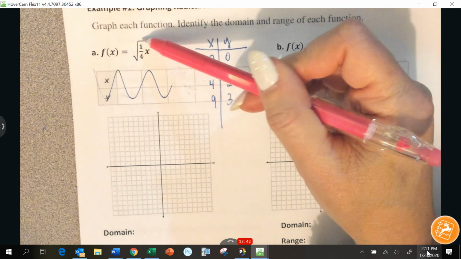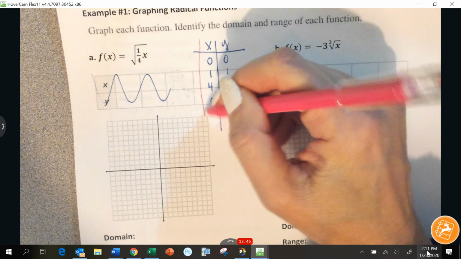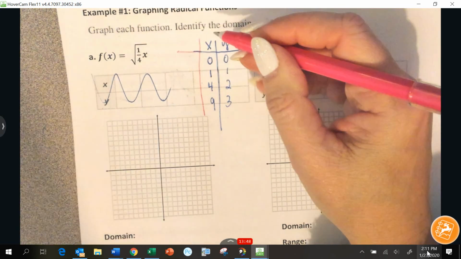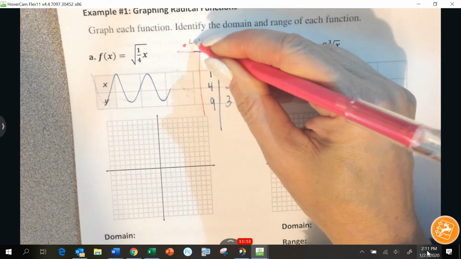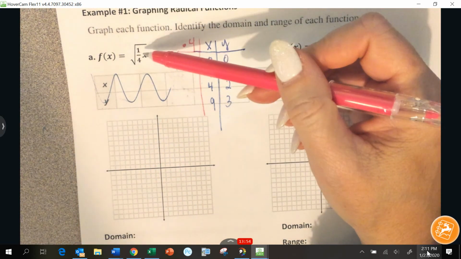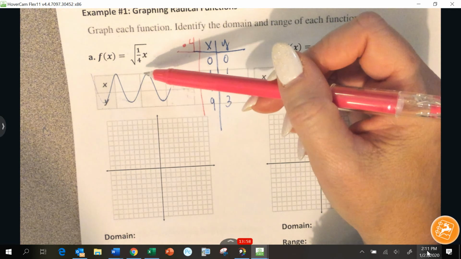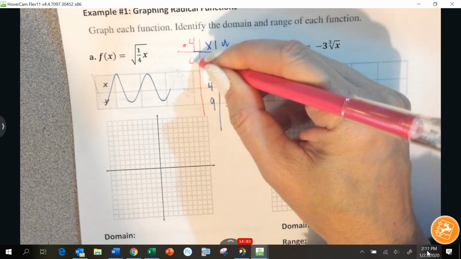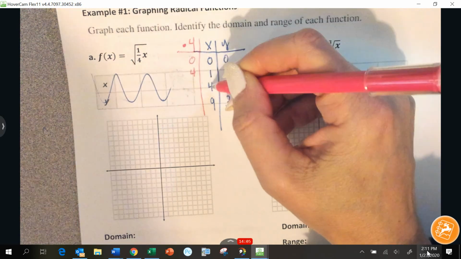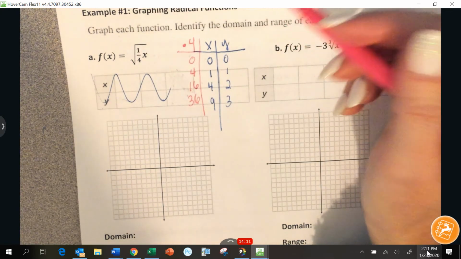So if it is horizontal, do we multiply by 1/4 on the x side? Nope. If it's horizontal, what do we multiply by? 4. Do the inverse operation. So instead of multiplying by 1/4, we divide by 1/4. We multiply by 4. Now we have 0, 4, 16.